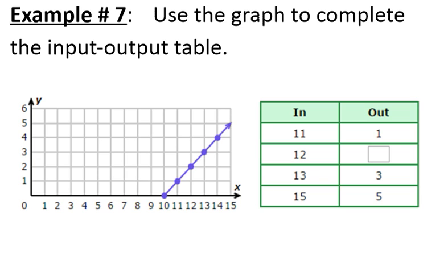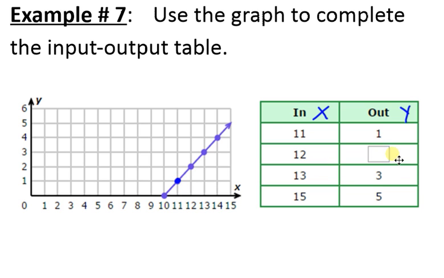All right, let's do example number 7 here. So this time, I give you a table, and this is input, output, and you can put here x, y to help you, okay? But I'm also giving you a coordinate plane, and what you notice is that there's something missing right here, okay? So if you go to 1, 11, and then up 1, that's going to give you a point on the graph right here.